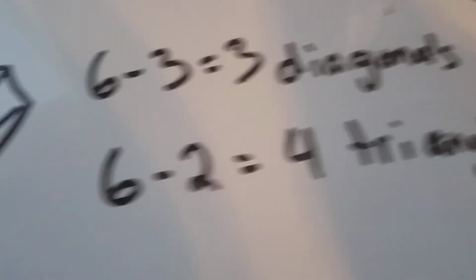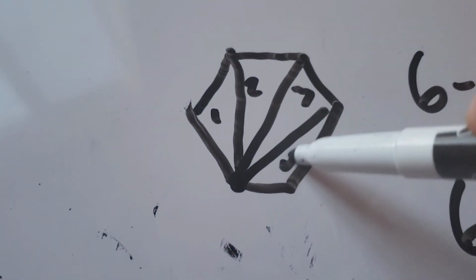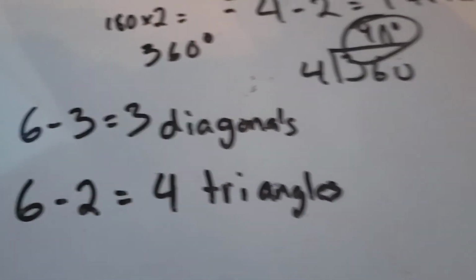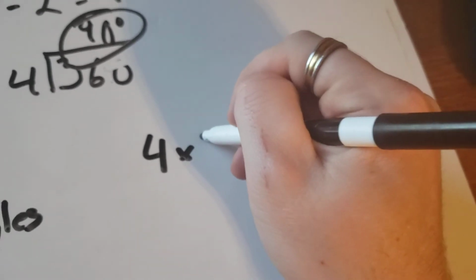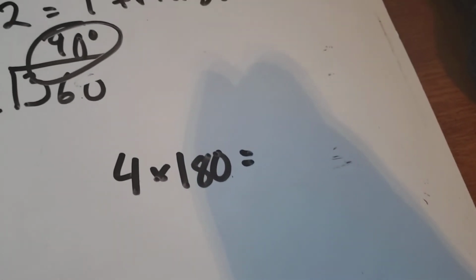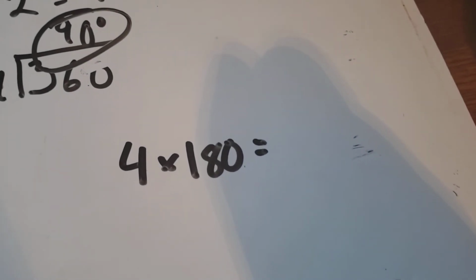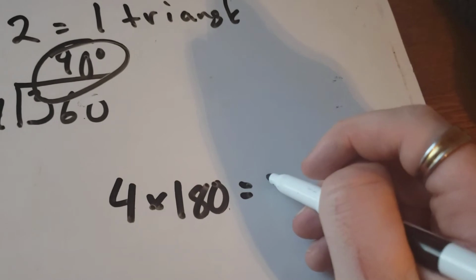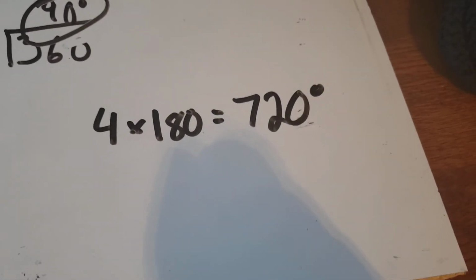We've got 3 diagonals. How many triangles do we have? 1, 2, 3, 4. So the sum of the interior angles is 4 times the number of degrees in a triangle, which is 180. 4 times 100 gives us 400. 4 times 80 gives us 320. Add those two together. The sum of the interior angles is 720 degrees.